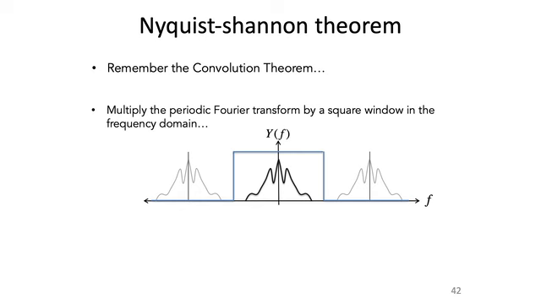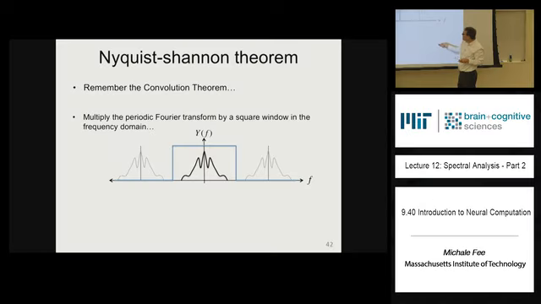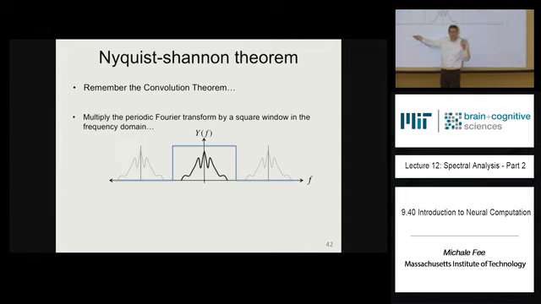So all I do is in the frequency domain, I keep this, and I throw away all those. In other words, I multiply the Fourier transform of my sampled signal in the frequency domain by a square pulse. That's 1 here and 0 everywhere else. Does that make sense?